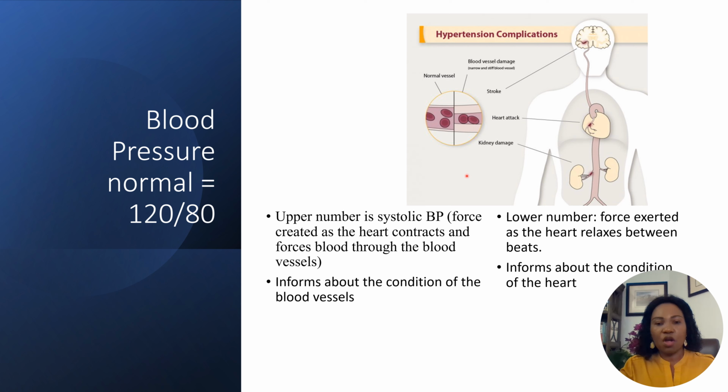All right, so what does the upper number represent? It informs us about the conditions of the blood vessels, right? Because if the blood vessel thickens, as in this case, let's take an analogy of a balloon.